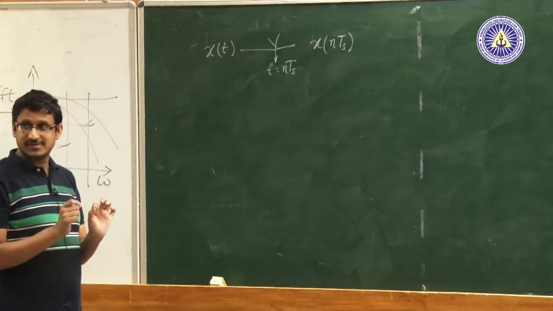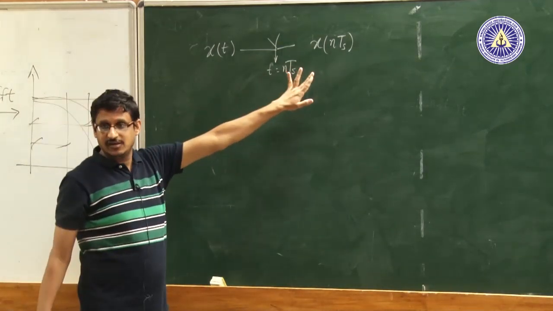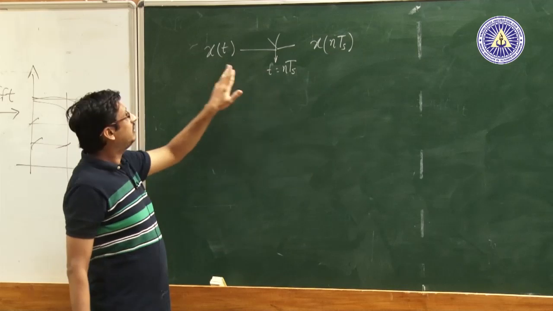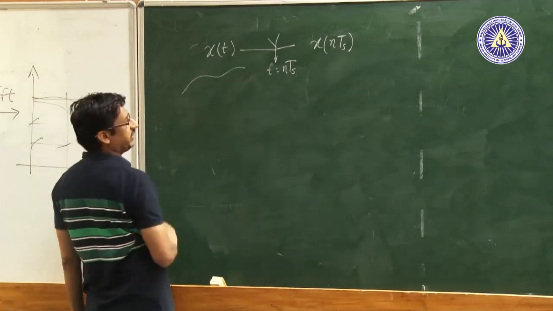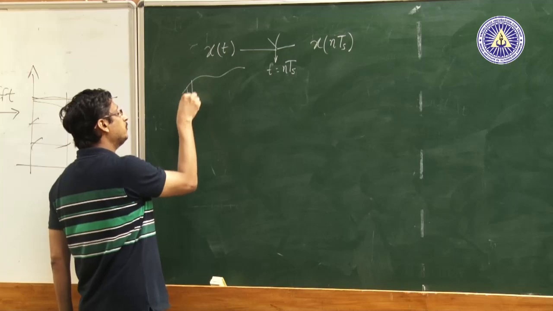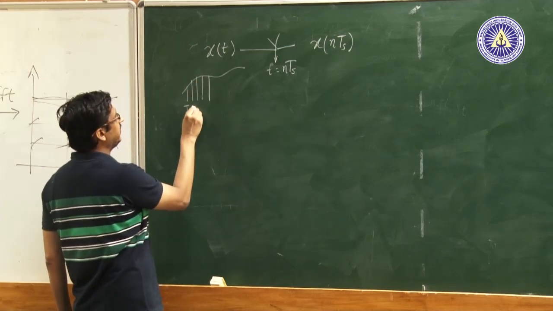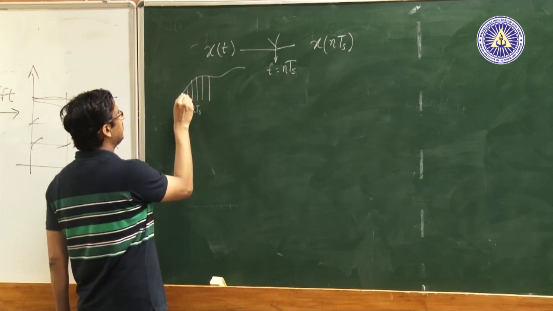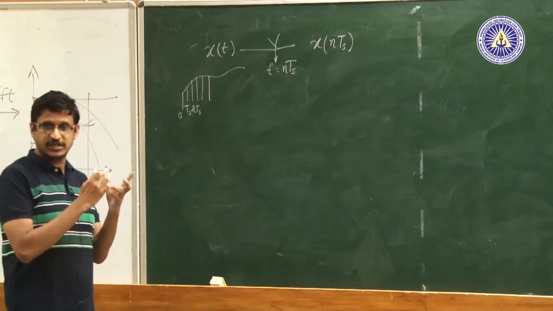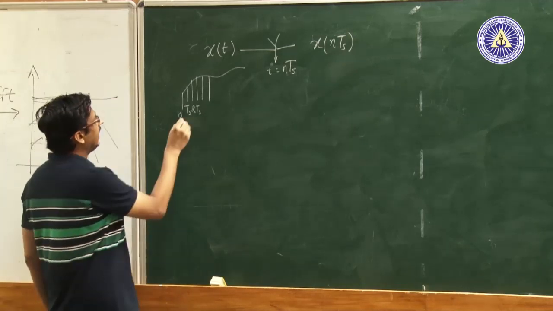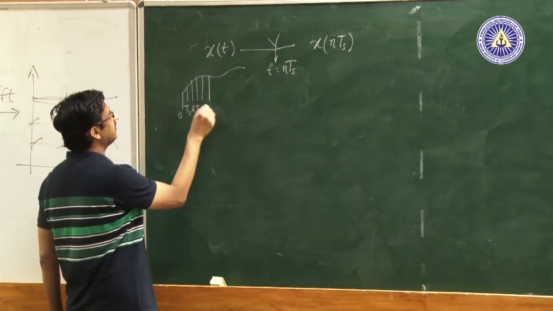So, for our purposes, this is a sampler, and the sampling operation means you have an original x of t this way, and then you select different points, which are usually equally spaced. So, Ts, 2Ts, maybe you start at some initial point which you refer to as 0, and then go to Ts, 2Ts, 3Ts and so on.